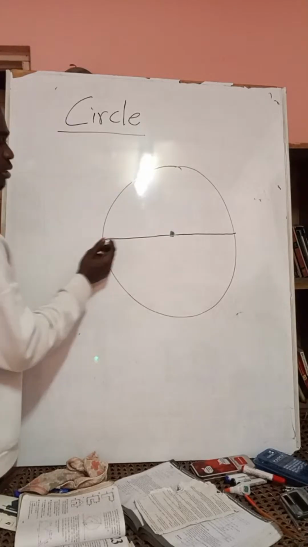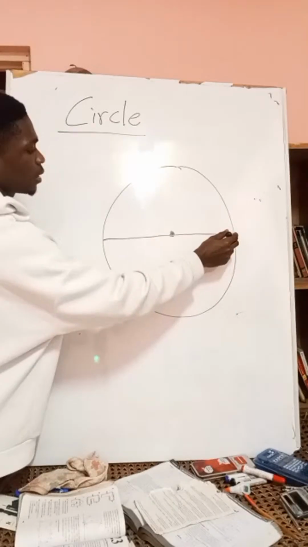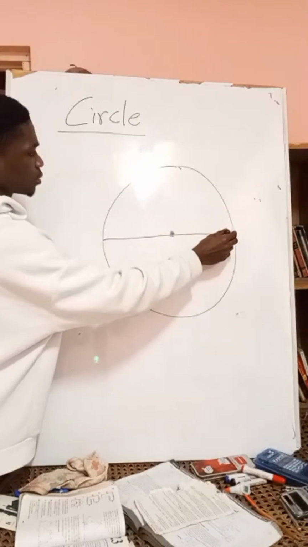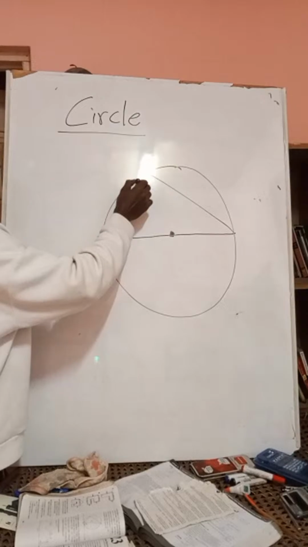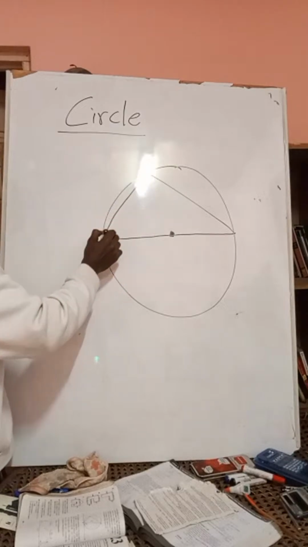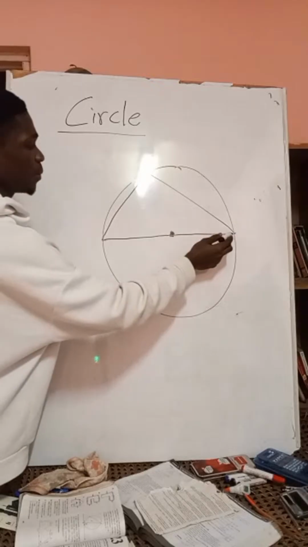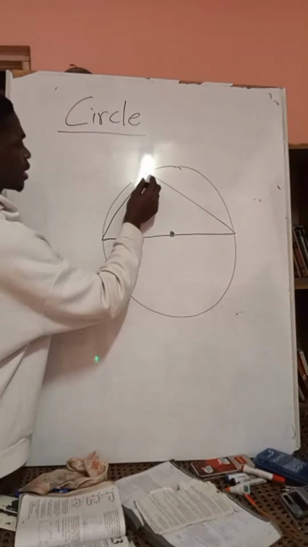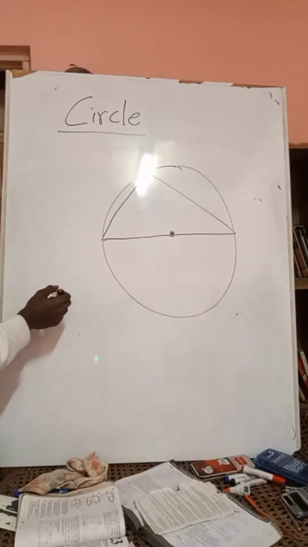You have two chords which meet, and you have two chords that meet on the diameter. So like this, if this is the diameter and you have two chords like this, this angle is 90 degrees. You should take note of it.